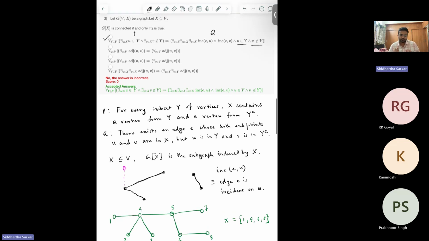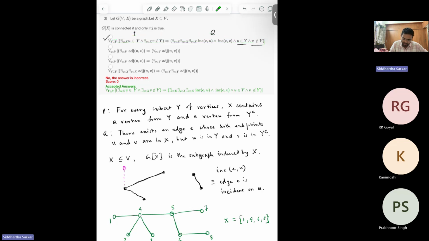So the question is, if you have a graph and additionally you are given a subset X of vertices, when will you know for sure that the subgraph induced by X is connected? They are saying that G of X, the subgraph induced by X, is going to be connected if and only if P implies Q.